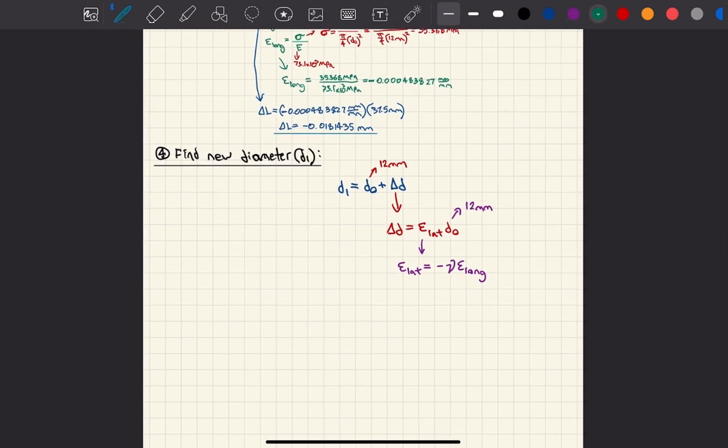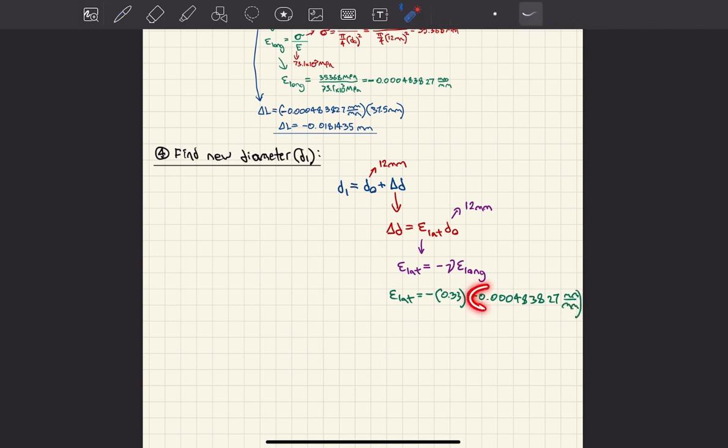If I plug in my numbers here, I will get that my lateral strain is equal to negative Poisson's ratio, 0.33, multiplied by my longitudinal strain, so negative 0.00048387 millimeters per millimeter. And you can see that the negatives beautifully cancel out here, and you can understand now why there's a negative in this formula, right?